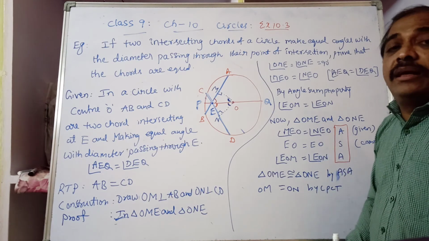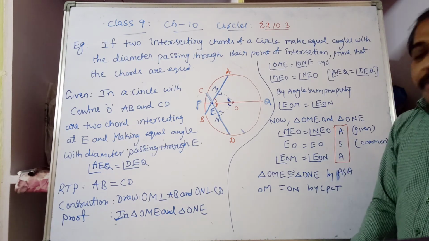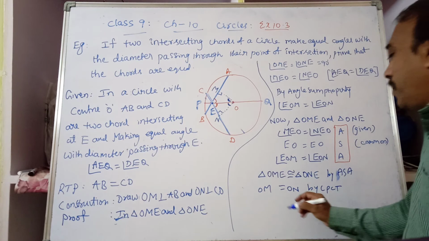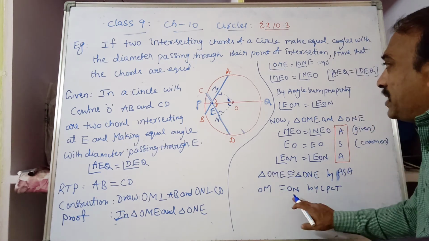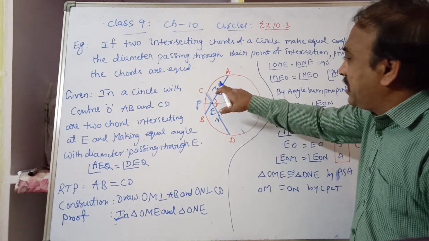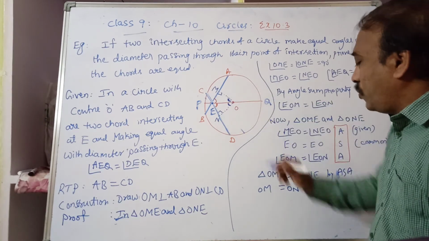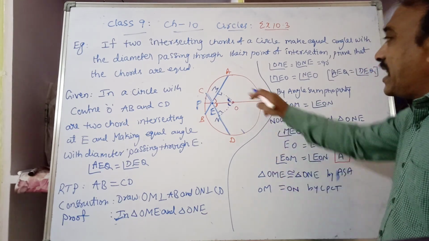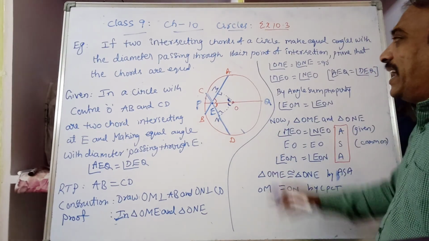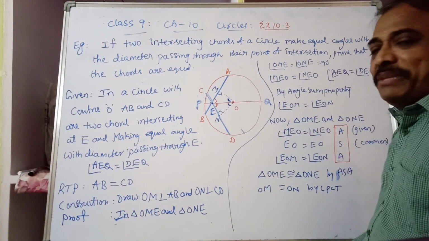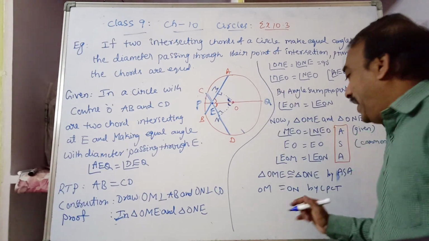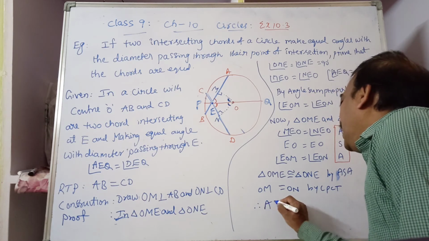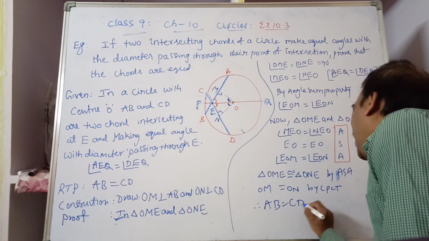Then the lengths of the chords will be equal. So from this, what can you write? OM is equal to ON. So as the chords are at equidistance from the center, the lengths of the chords will be equal. Therefore, AB is equal to CD.